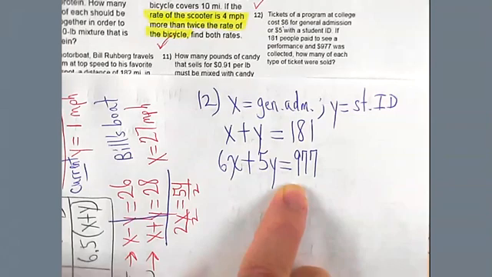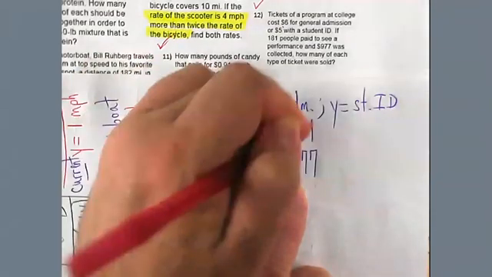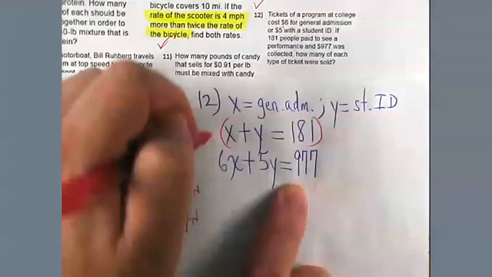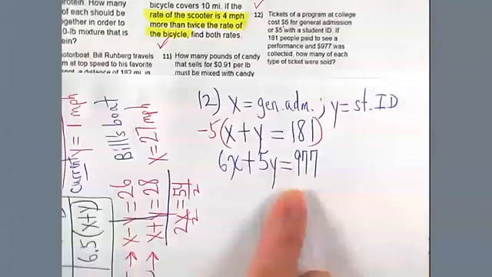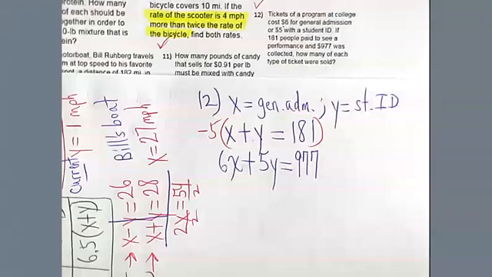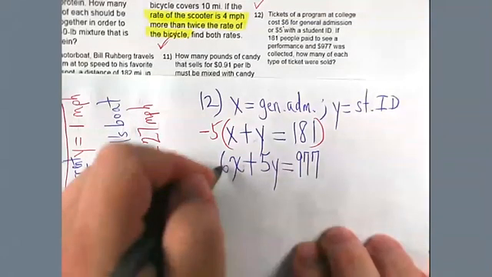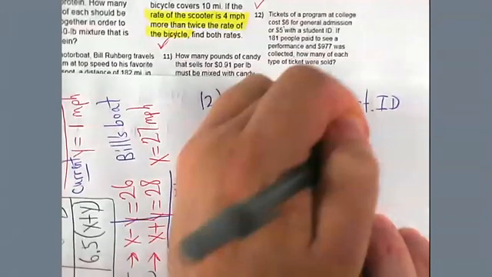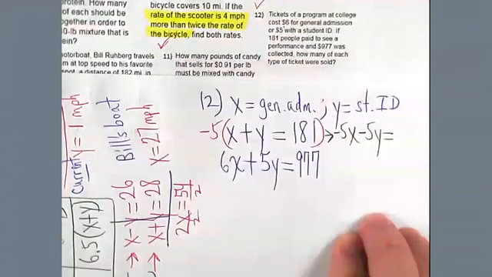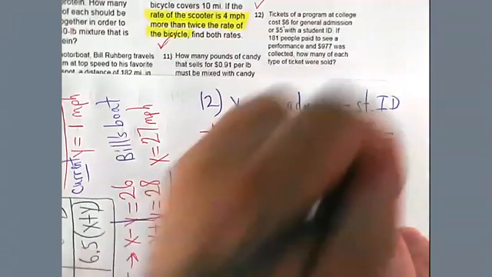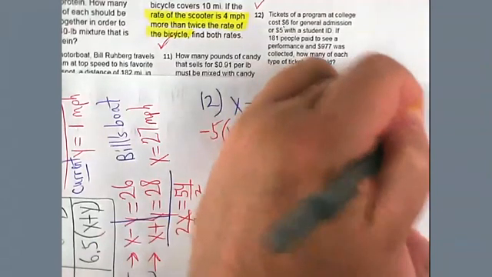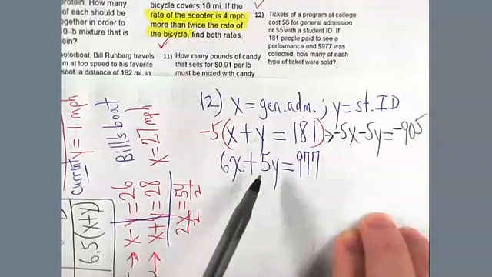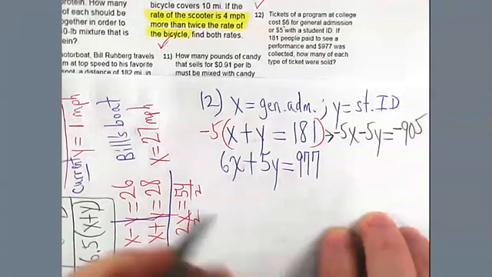So we'll multiply the entire first equation by -5. That gives us -5x minus 5y equal to -905. We didn't do anything with the second equation, so scoot it over.